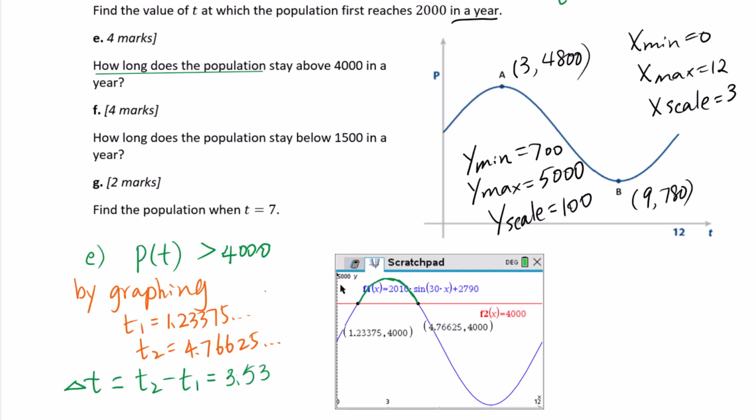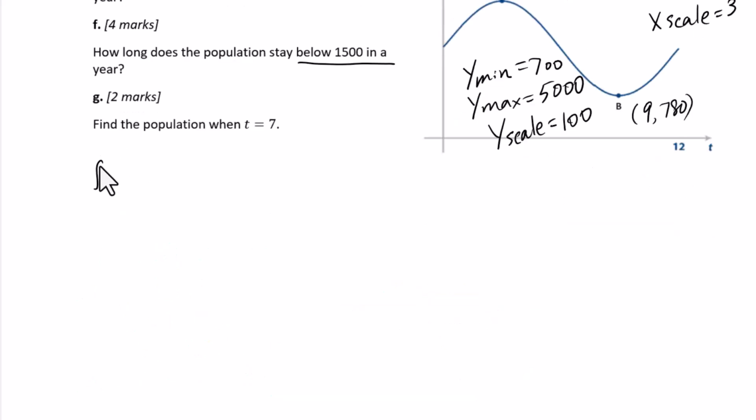Answer is 3.53 months. Make sure T1 and T2 are full answers, because T1 and T2 are not the final solution. For delta T, that's how long, you can use 3 sig figs because this is the final answer to question E. Let's go to F.